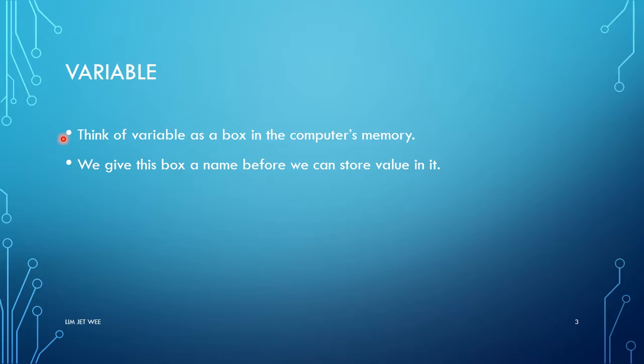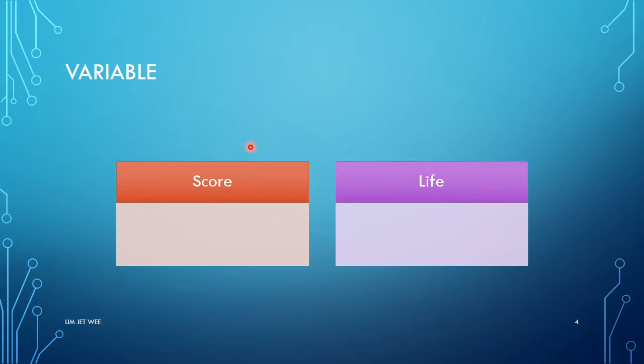All variables require something called a variable name. You can visualize a variable as a box in the computer's memory, which is RAM, and you give this box a particular name so that you can reference this variable, or this imaginary box. Once you have this box, you can store a value in it. So I can create two variables.